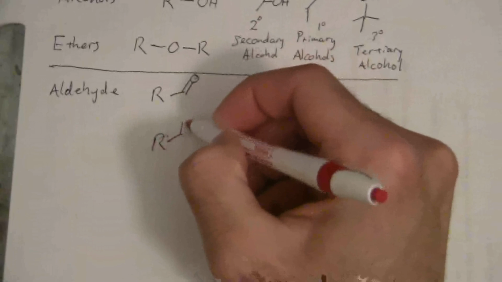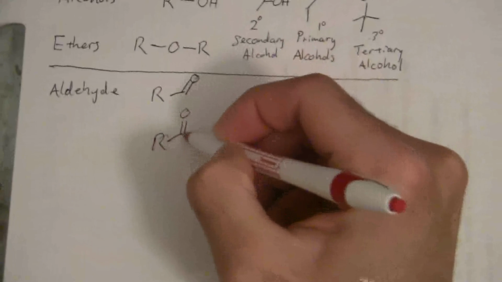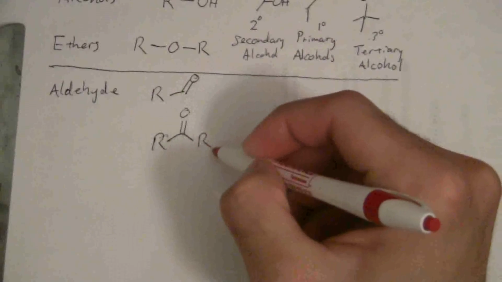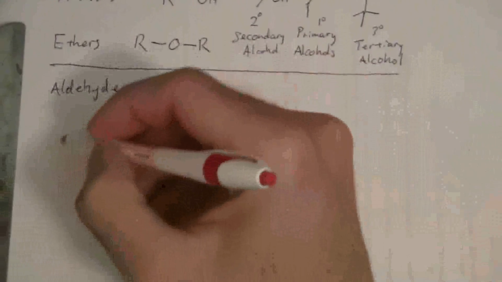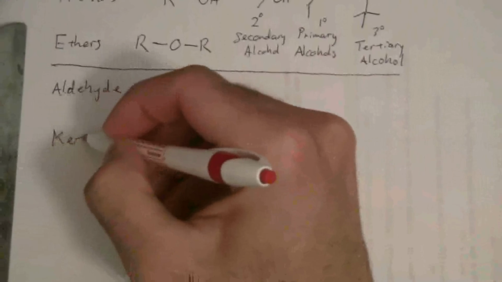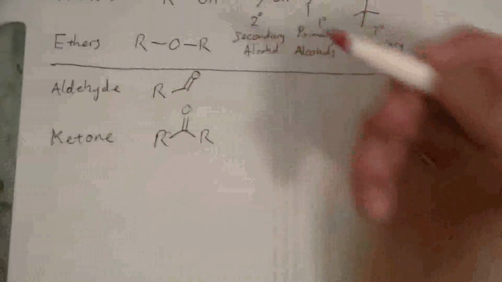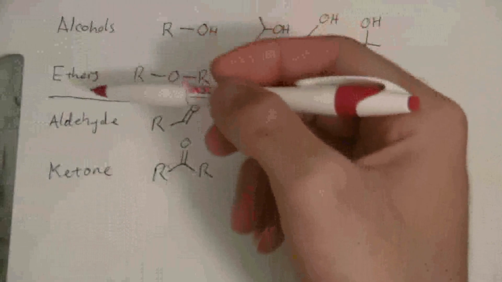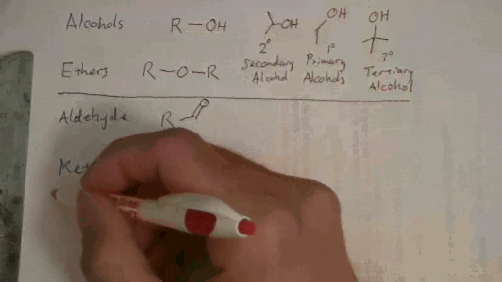I have the carbonyl carbon there, but I have two R groups, two carbon chains. This is a ketone. So aldehydes are to ketones as alcohols are to ethers.